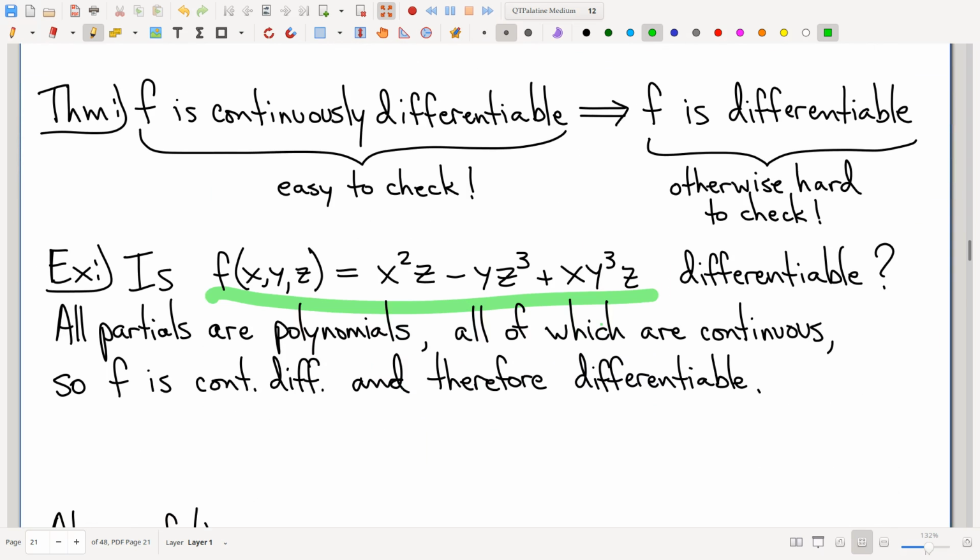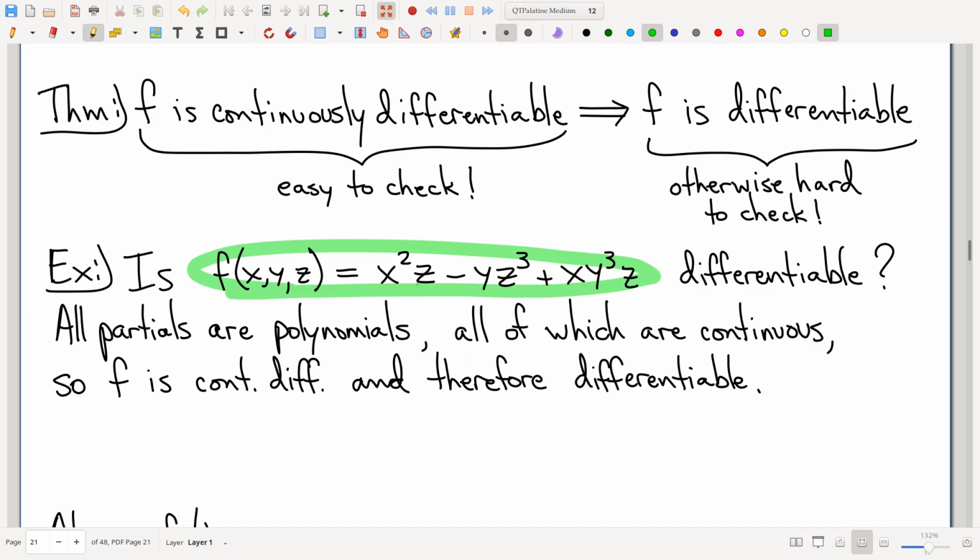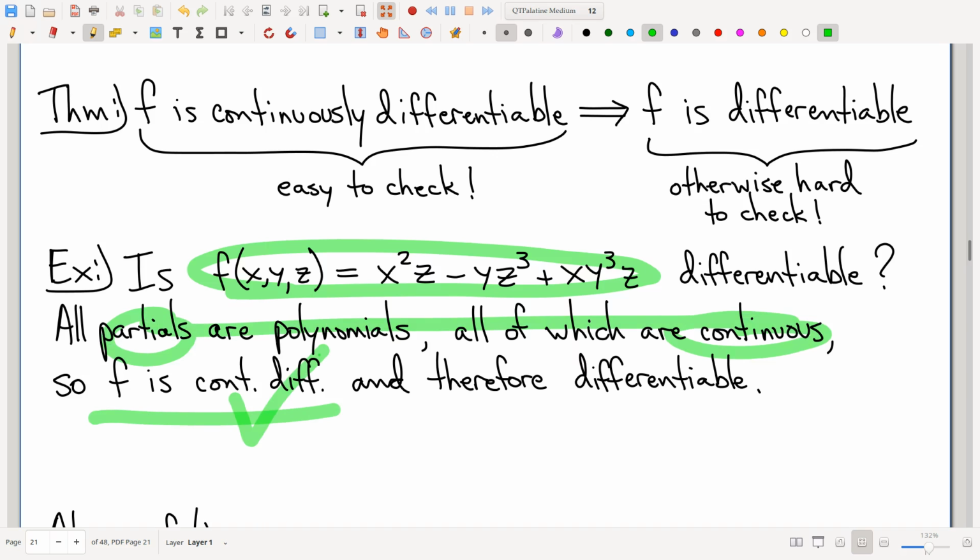What we're going to do is just argue, okay, well, look, it's perfectly easy. This is a polynomial, so its partials are all going to be polynomials. That's perfectly obvious, right? We know from single variable calculus that polynomials are all continuous. That's, again, kind of old news. So we have a function here where the partials are all continuous. That is the definition of continuous differentiability.